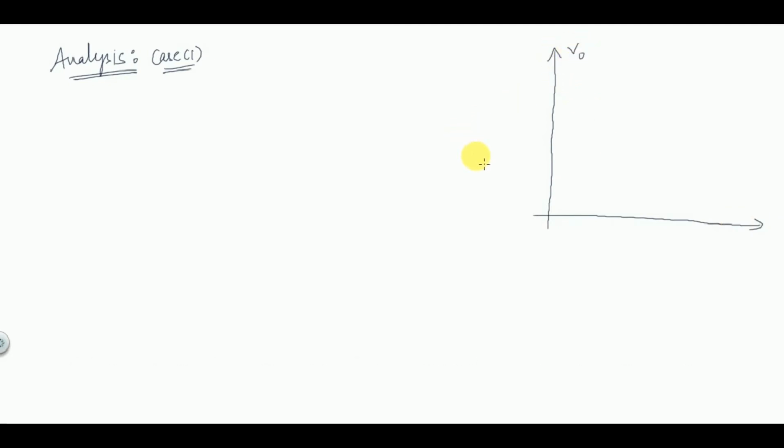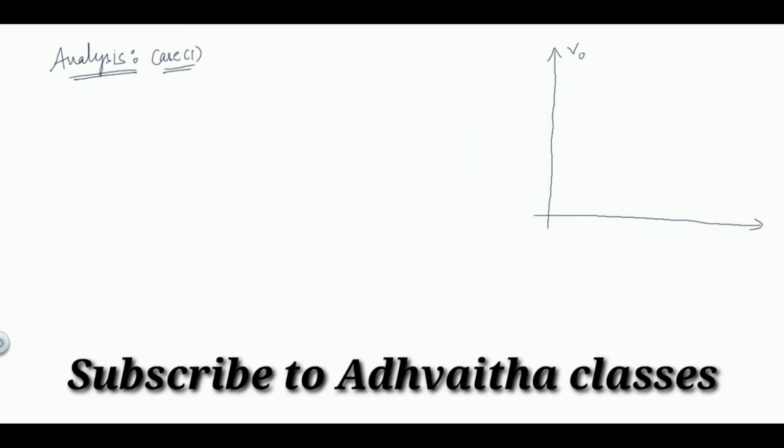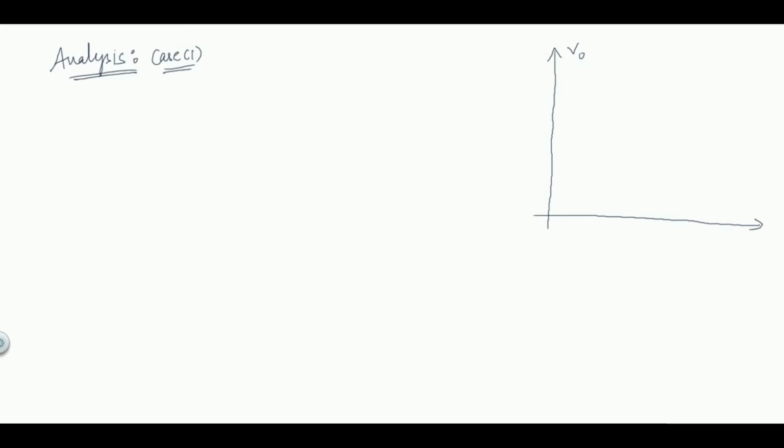In case 1, initially VA is connected, which is negative. It is a bit complex, but try to understand. Since VA is connected, what is the V0 value?